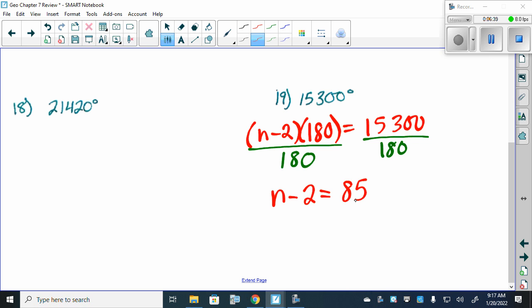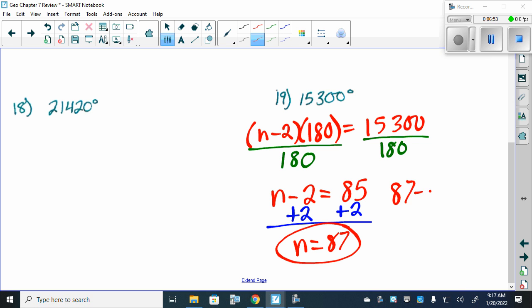And what do we do next? Add 2 to both sides, which tells us n is 87, and we can say this is an 87-gon.